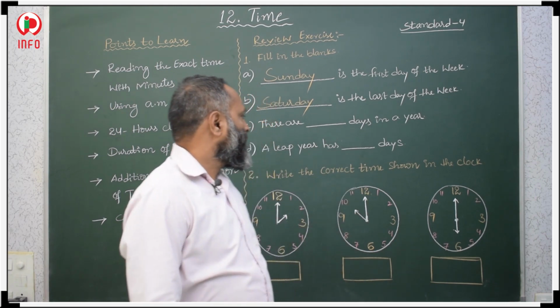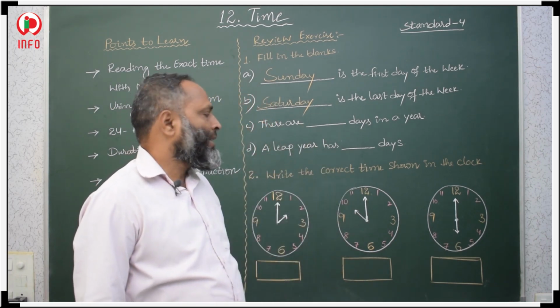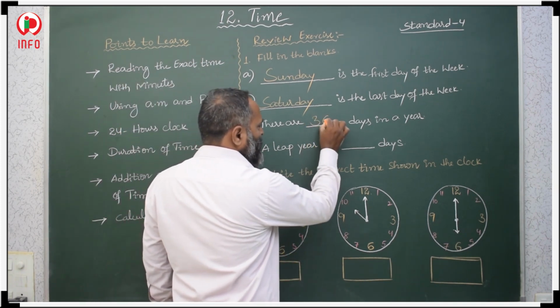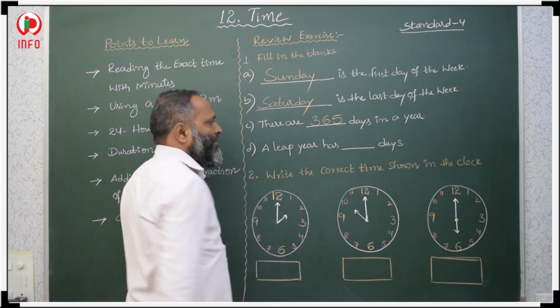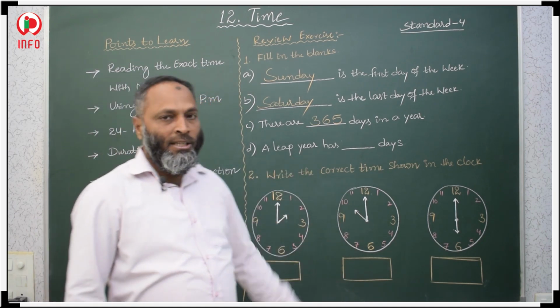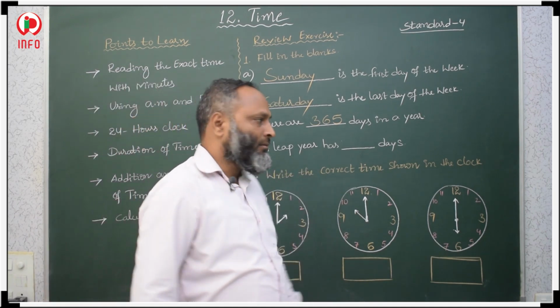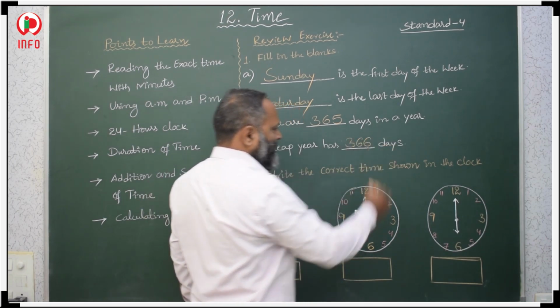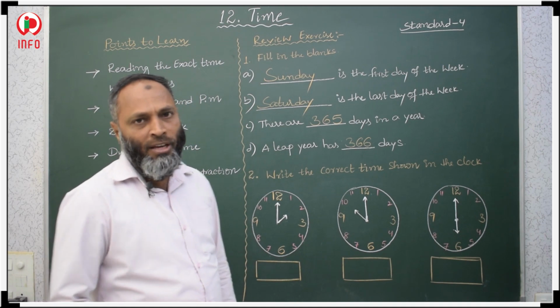Next, there are dash days in a year. In a year we have 365 days. A leap year has dash days. In a leap year we have one extra day, that is 366 days. Every 4th year we have a leap year.